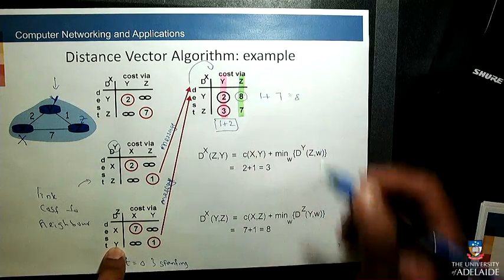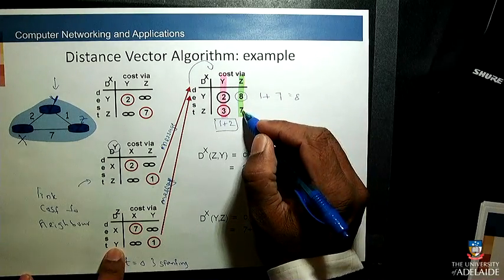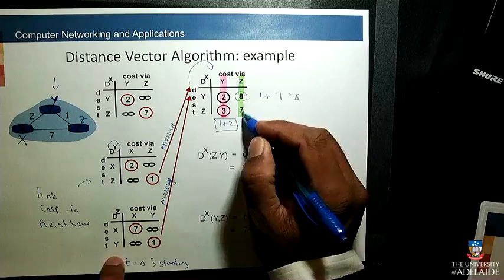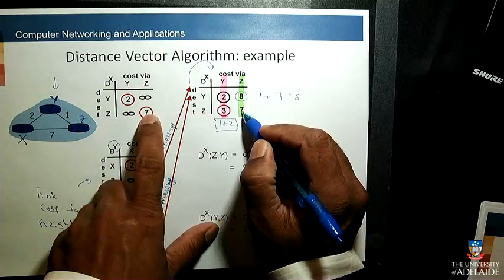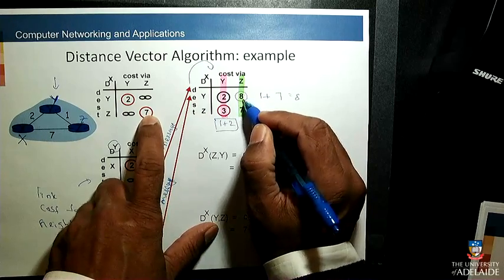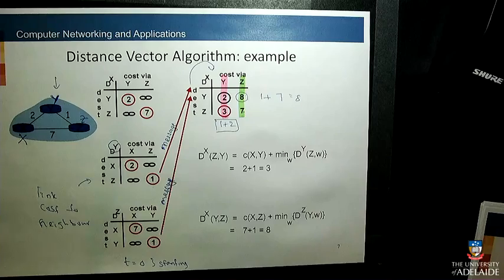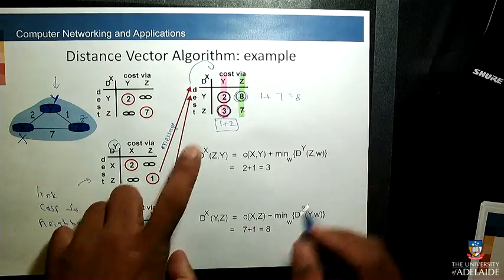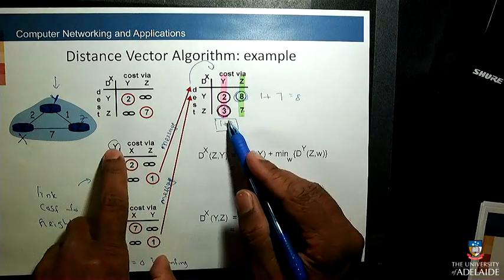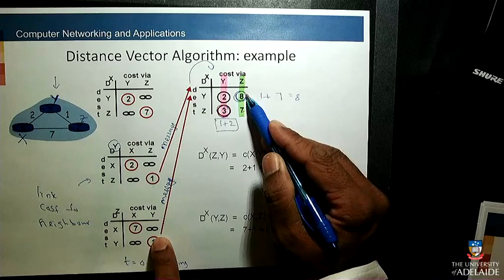And if I look at here, Z says I can get to Z with a cost of, this is already there, no change here. So I change this one, and here I change that one. So I end up changing this value based on the message from Y, and this value based on the message from Z.